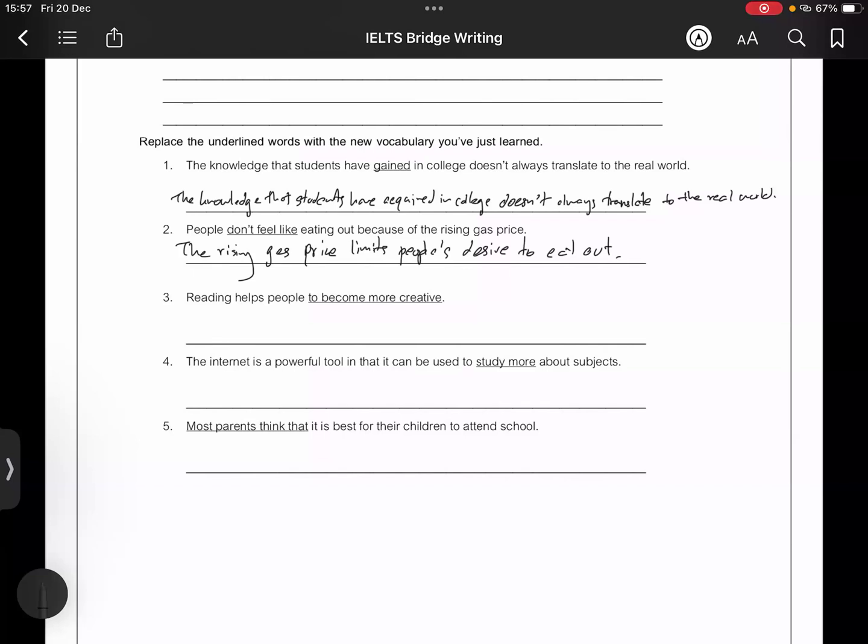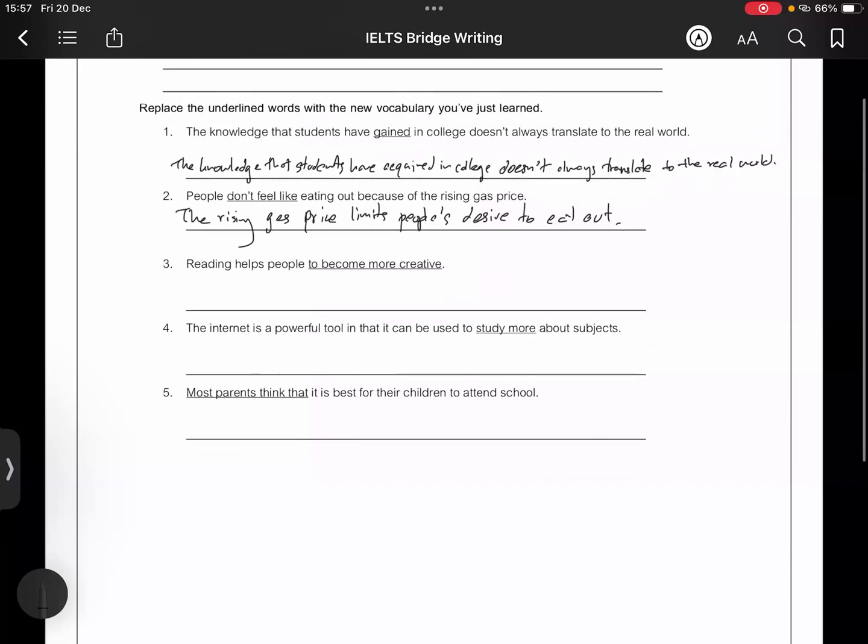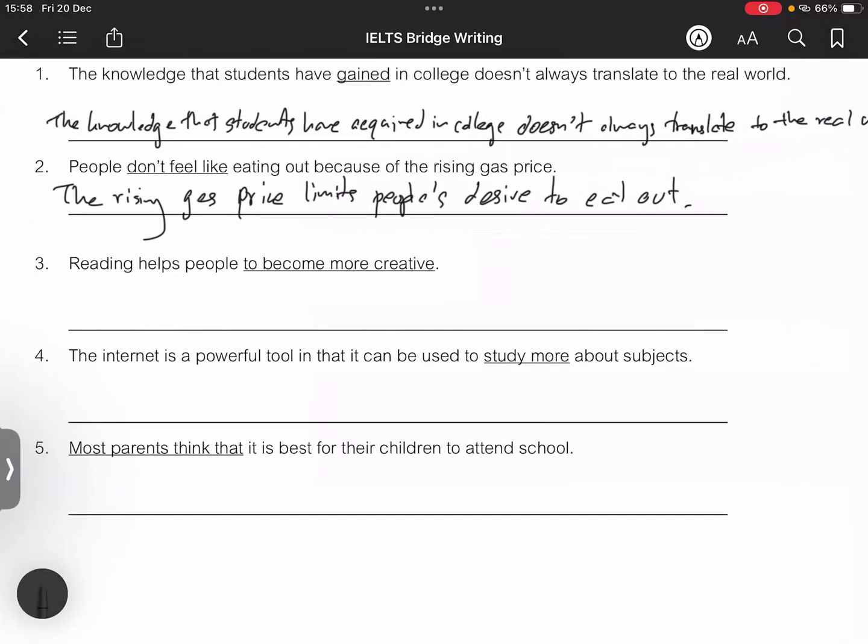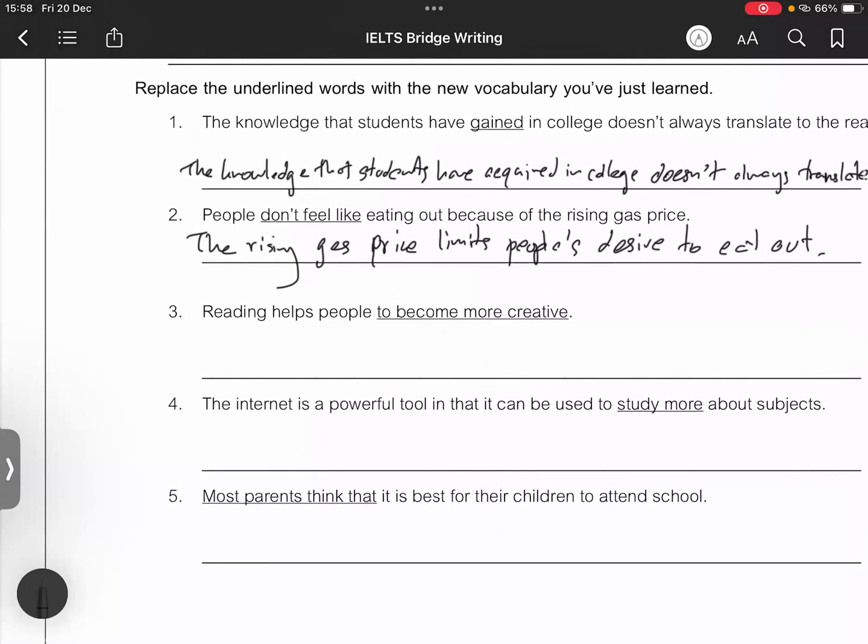All right, next. Reading helps people to become more creative. Reading helps people to become more creative. Well, how about this one? So I think the word is given here.